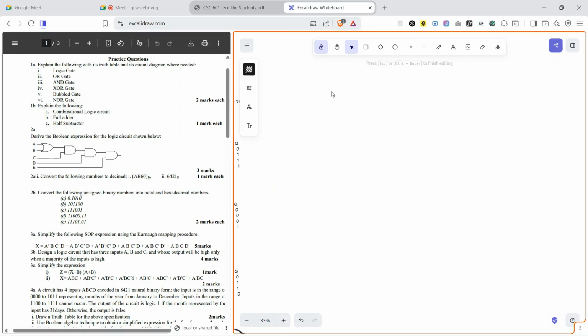So for number one B, the explanation of combinational logic.